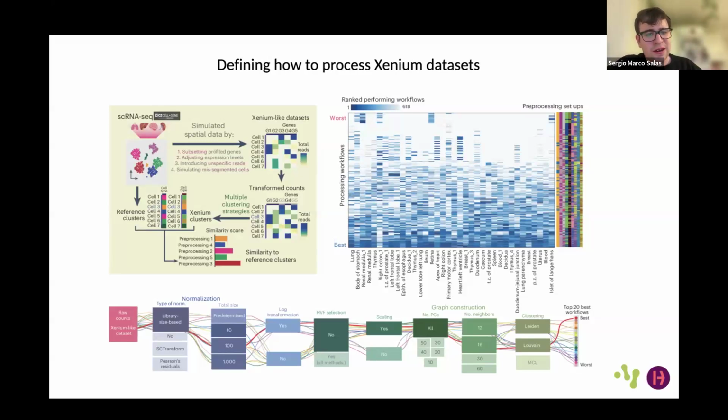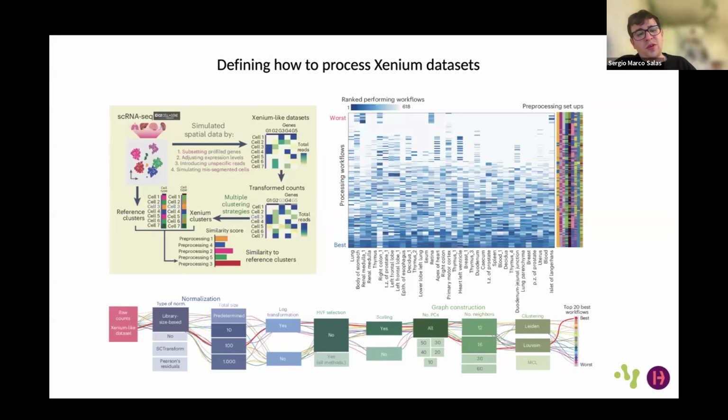Then we tried different strategies to process the data. In this empirical manner, we tried to identify the best way of processing the spatial datasets, which ended up being pretty similar to what is done in single cell, but we wanted to test it empirically.